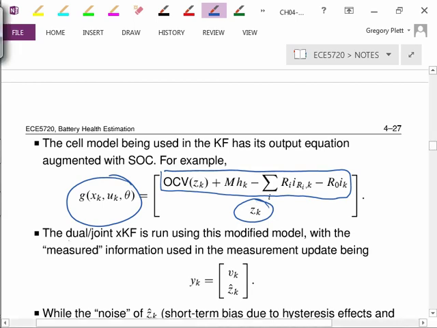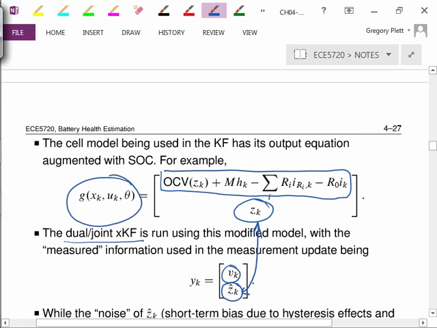Well, we then run the dual joint Kalman filter using this modified two-output model, and the measured information is the actual measured voltage, including noise and so forth on it. But then we fabricate this SOC estimate to go along with the assumed measurement of SOC.